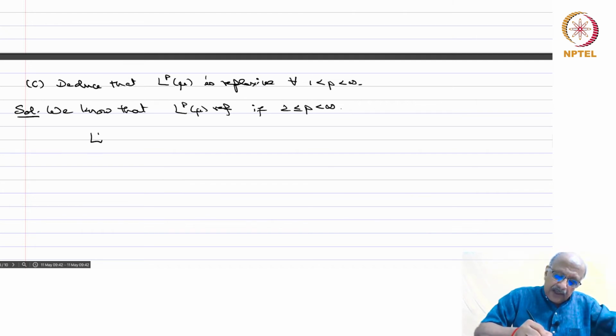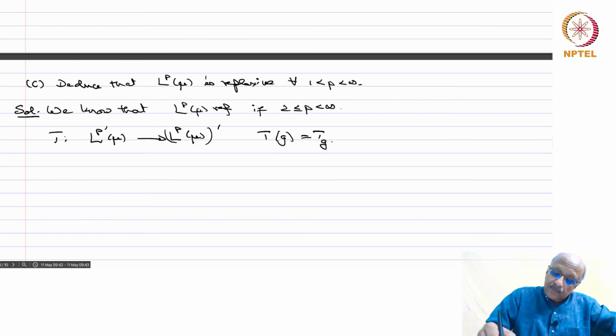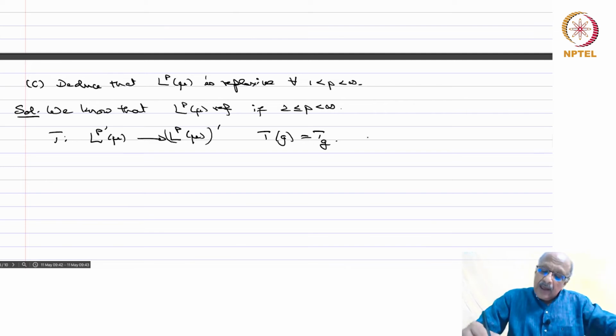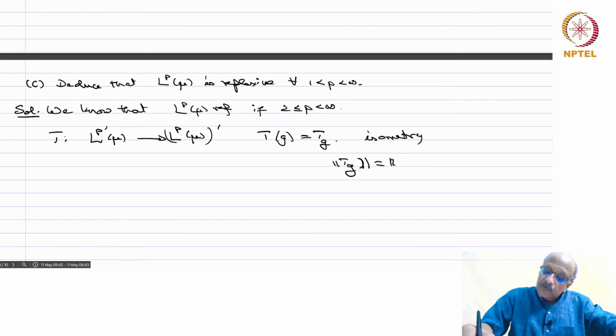So now from L^p'(μ) to L^p(μ)', we have a mapping T of g equals Tg. And this is an isometry, since the norm of Tg is equal to the norm of g in L^p'.